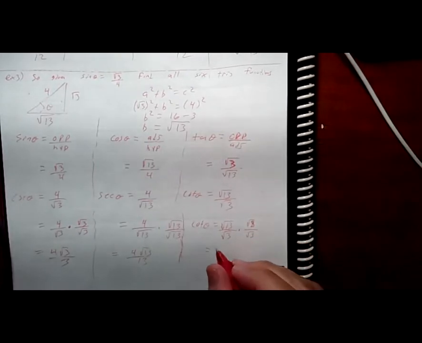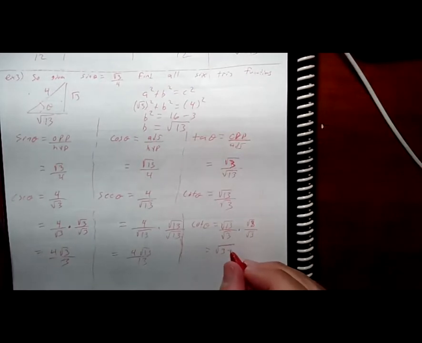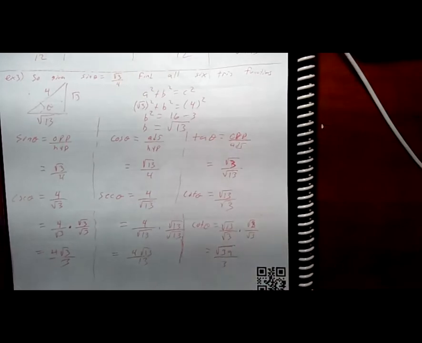So that'll be square root of 39 over 3. Any questions on rationalization? So whatever square root's down here, you multiply top and bottom in order to cancel the root on the bottom.